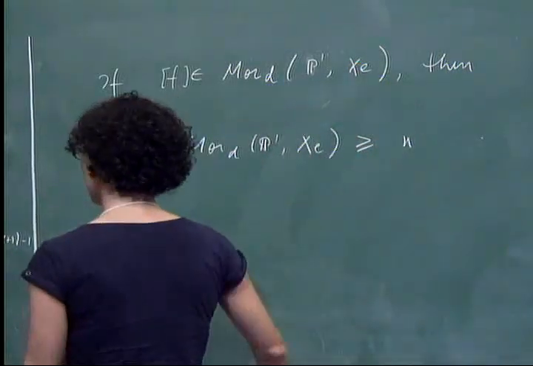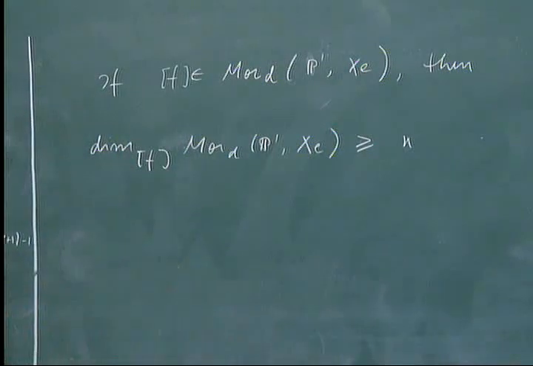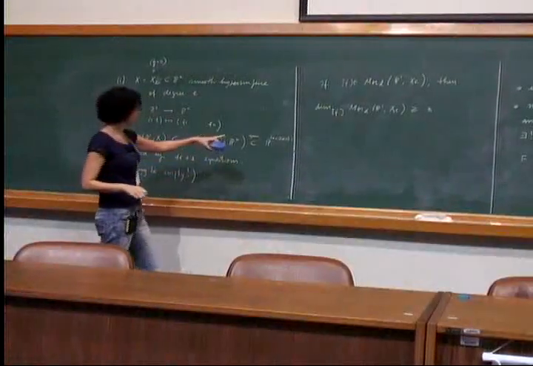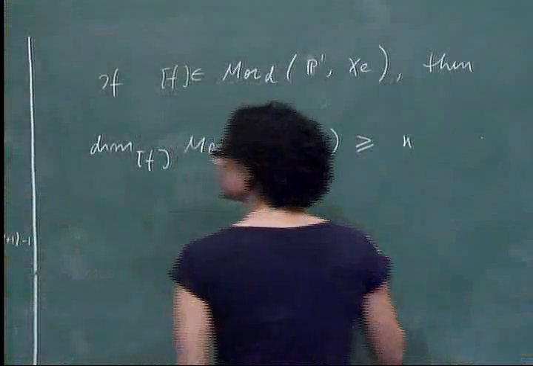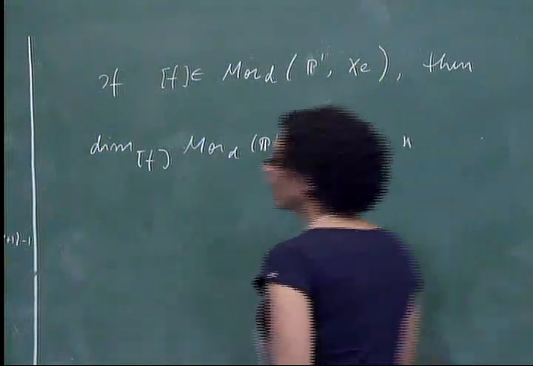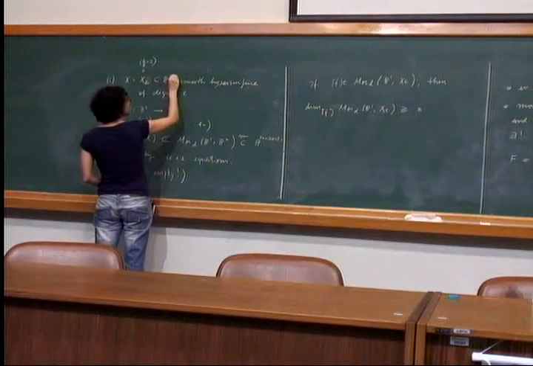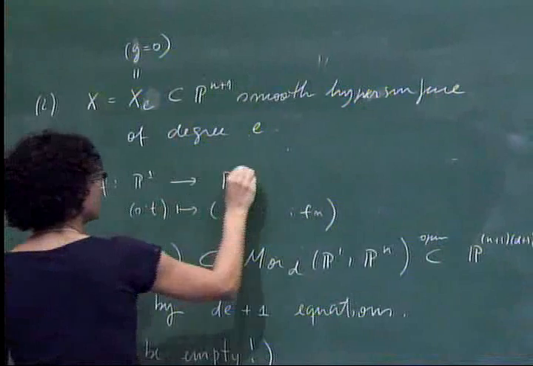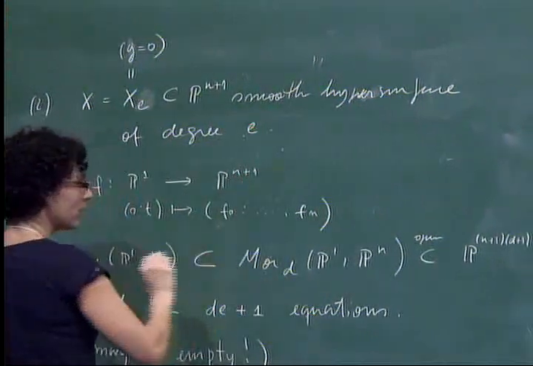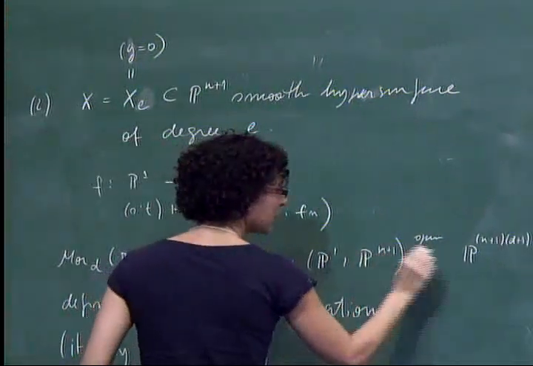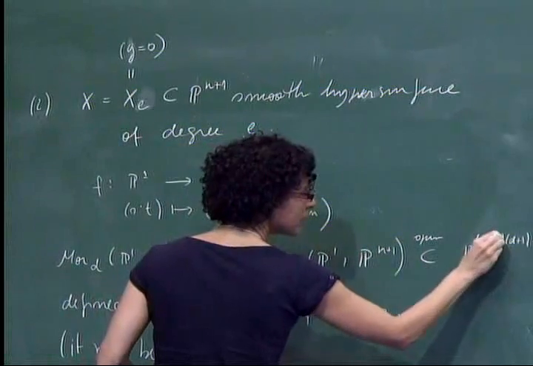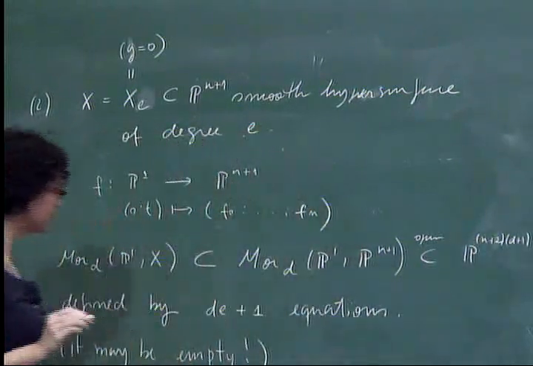oh sorry, here, okay, so maybe I want to write the dimension of X to be n, so let me make some changes here. So we have n plus 1, plus 1, so here we get n plus 2.